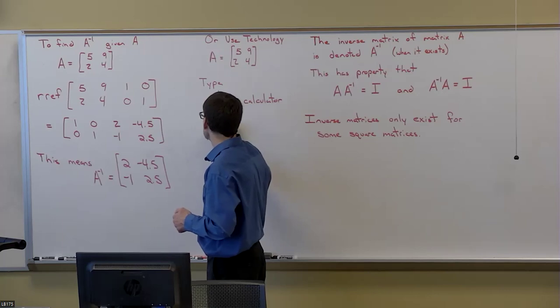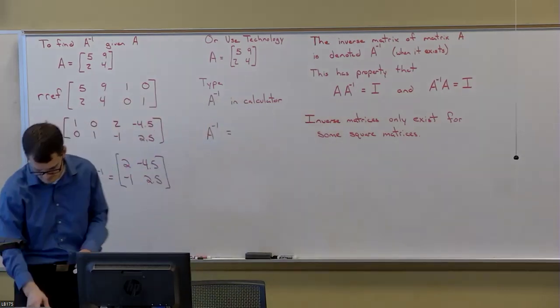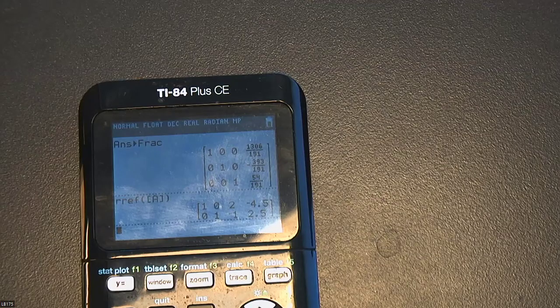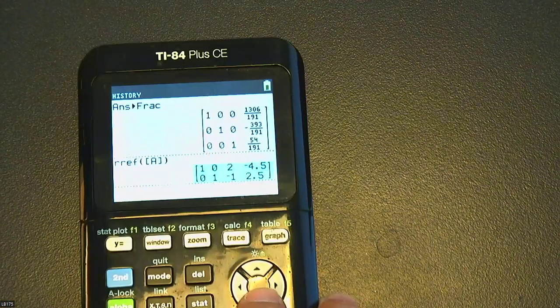And that's just going to give you back the inverse of A. So you can see this is what I just did, the row reduced echelon form version.